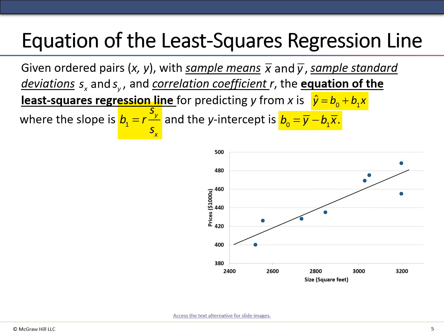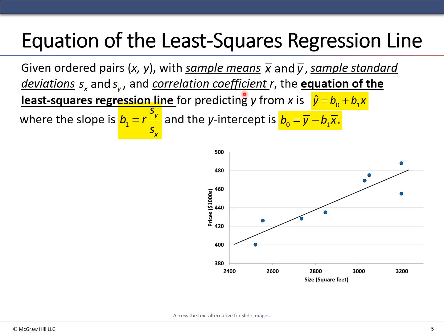Given ordered pairs x and y, remember the x values were the size of our house, and the y values were the prices that those houses sold for. If we calculate the sample means, x bar, the average of all the sizes of the houses, and y bar, the average of all the prices they sold for. We can also calculate the sample standard deviations of all the sizes of the houses and the sales prices.